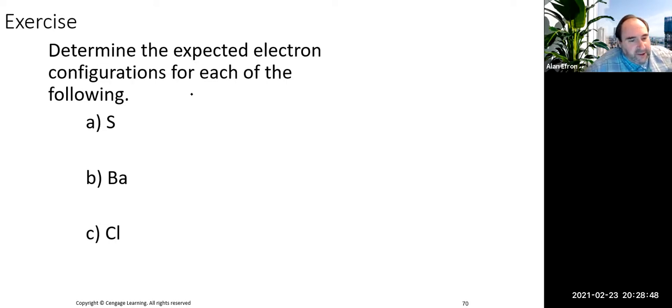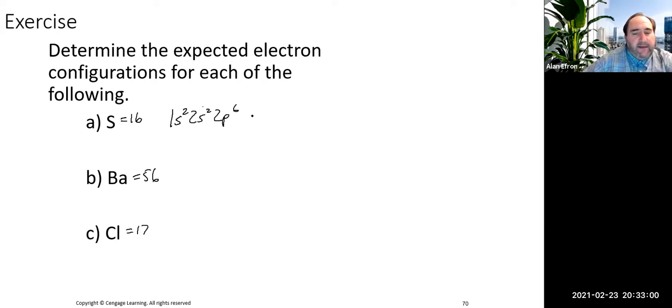Just in case you don't have a periodic table, sulfur is number 16 on the periodic table, barium is number 56, and chlorine is number 17. Sulfur: 1s2, 2s2, 2p6, again following the zigzag approach. After that, you would come back to 3s2, and at that point, we're going to sulfur there.